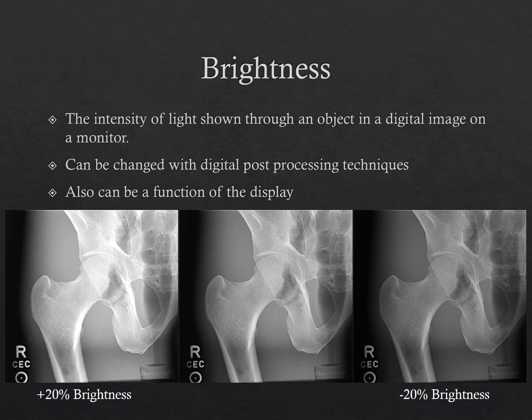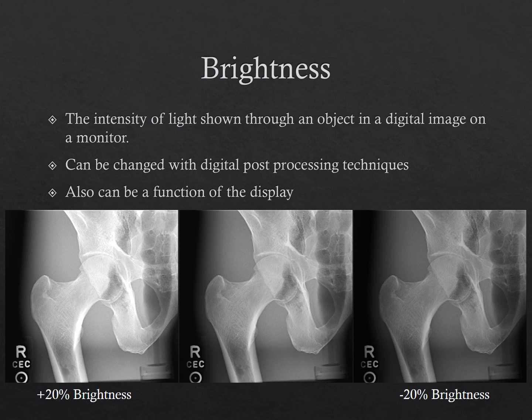So here in the image on the right, you'll see where we have decreased the brightness of the image. The overall image has gotten darker. So we have decreased brightness in that image on the right. Again, you can start seeing a few different structures that maybe you didn't see in some of the others. Good and bad and different.